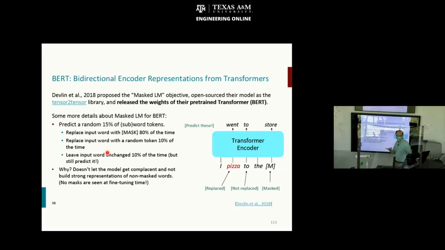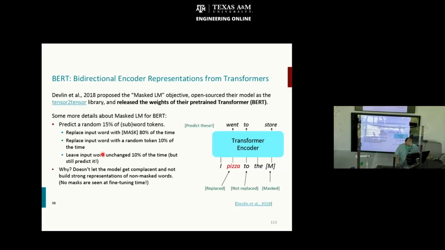And for the last 10%, you don't change it, but still the transformer has to predict the word. This time it doesn't know exactly whether it was masked, substituted, or unchanged. It has to learn something from that.